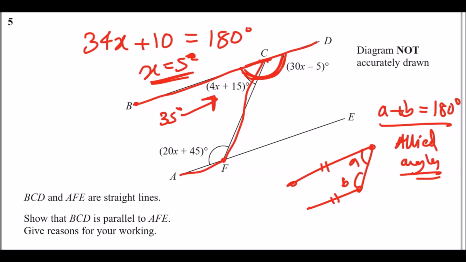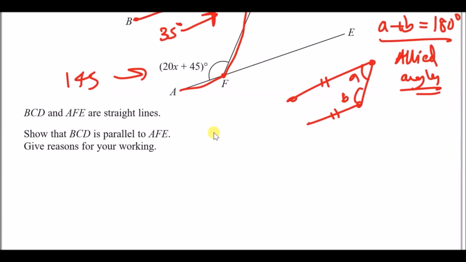So far so good. Let's plug in 5 to 20x plus 45. So 20 times 5 plus 45 gives 145. If your mental math is sharp, you can see it, but if you're not sure, add up the two figures and you get 180 degrees. So yes, this is proven.